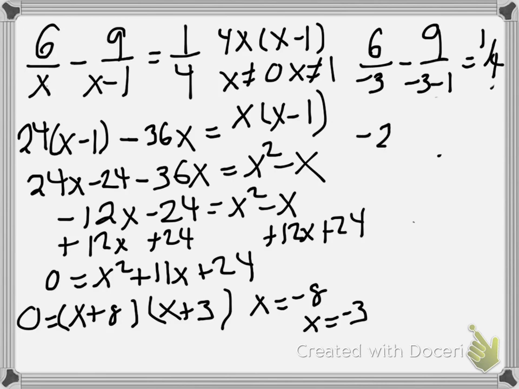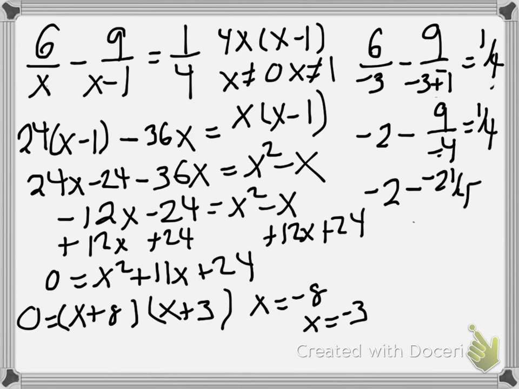So this is negative 2 minus, this is 9 over negative 4. That should equal 1/4 still. So I've got negative 2 minus negative 2 and 1/4 should be 1/4. Well, 1/4 does indeed equal 1/4.